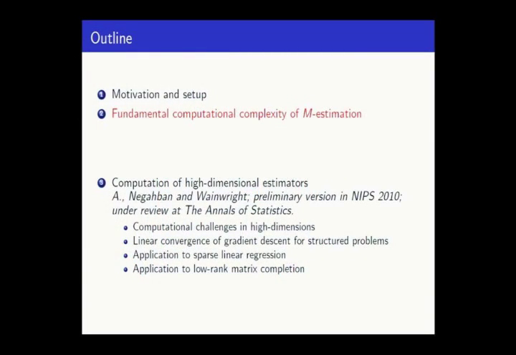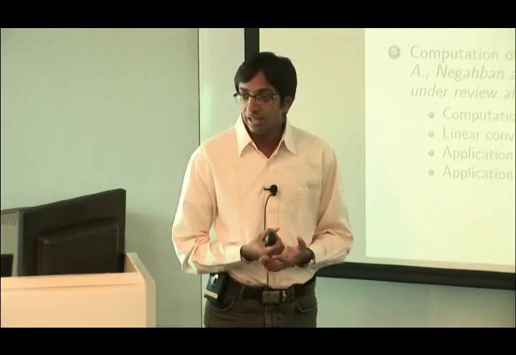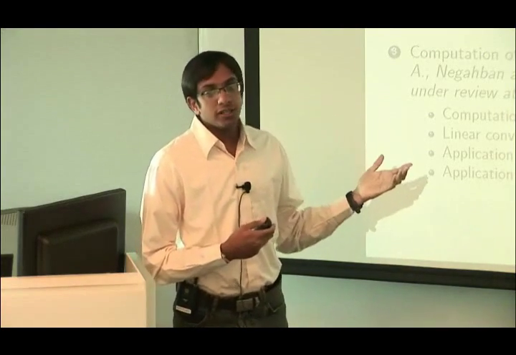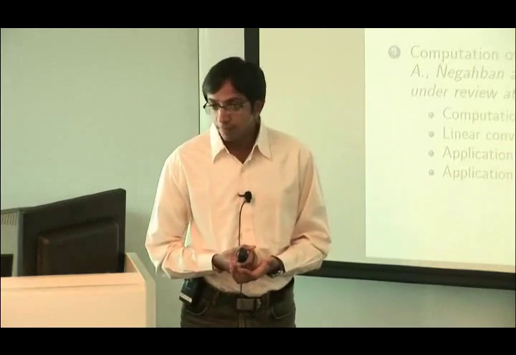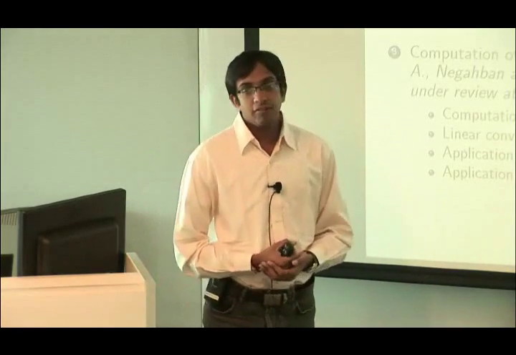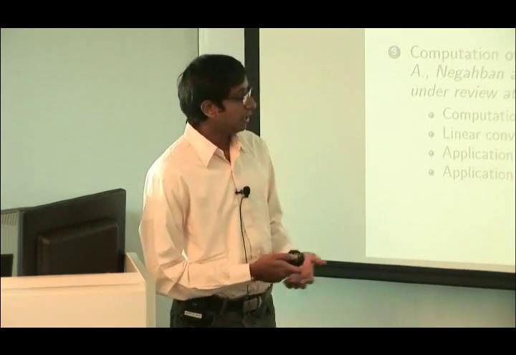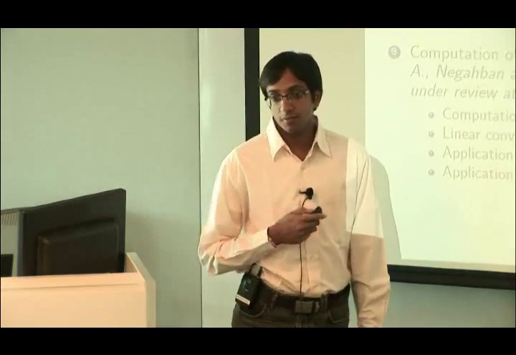The second aspect of the talk is going to be about computation of high dimensional estimators. So I'll start by describing some computational challenges that we face in high dimensions, but how we can avoid these challenges if we look at the statistical structure of the problem, and these results will have implications for problems such as sparse linear regression and low rank matrix completion, low rank matrix completion being sort of the Netflix example we saw in the beginning.